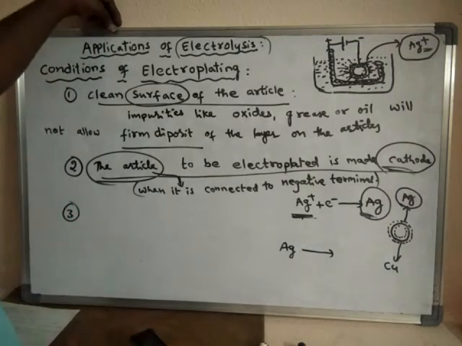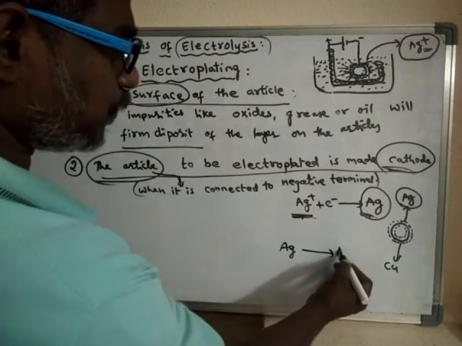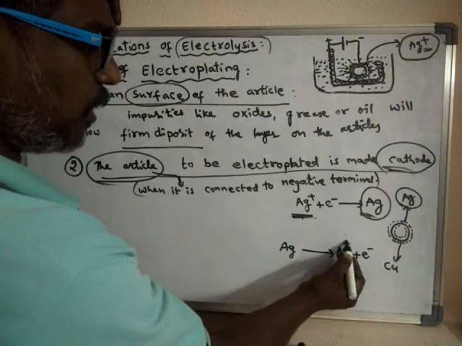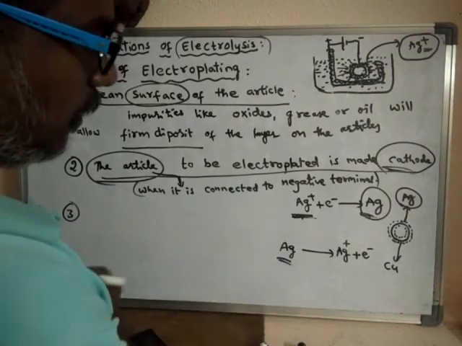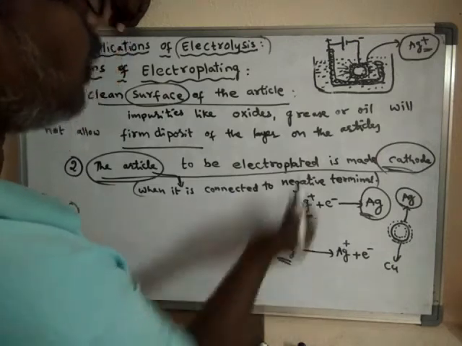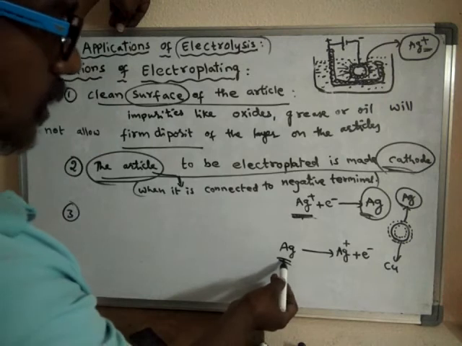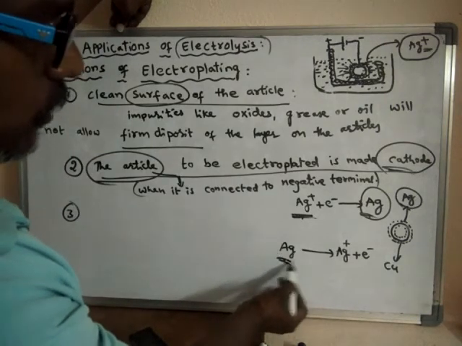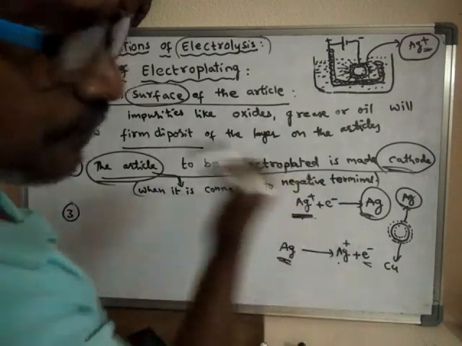Oxidation takes place. Oxidation means loss of electrons. That means silver will lose electrons. After losing electrons, it will become a silver ion. The silver metal of the anode will lose electrons and convert into a silver ion.